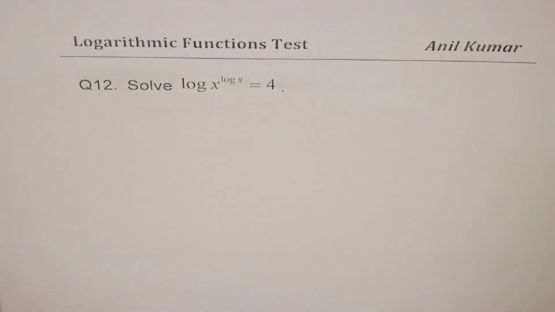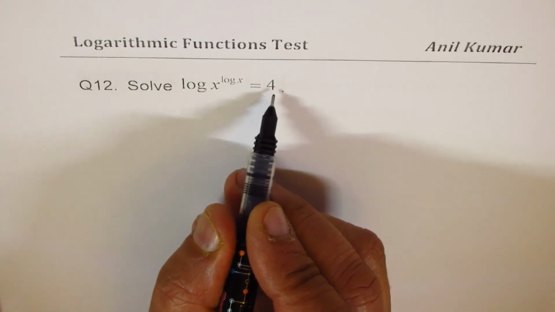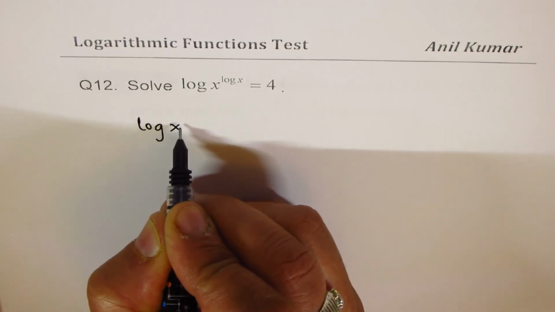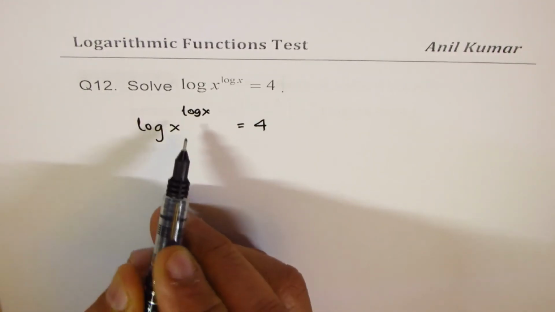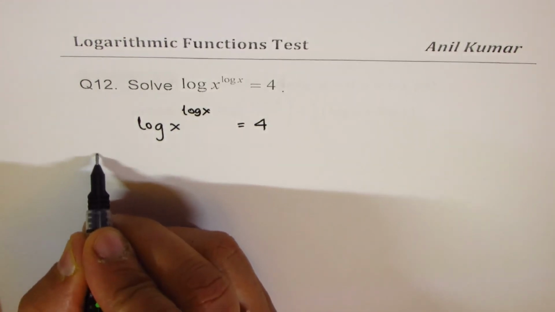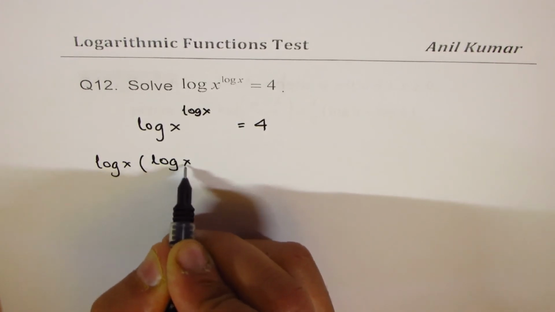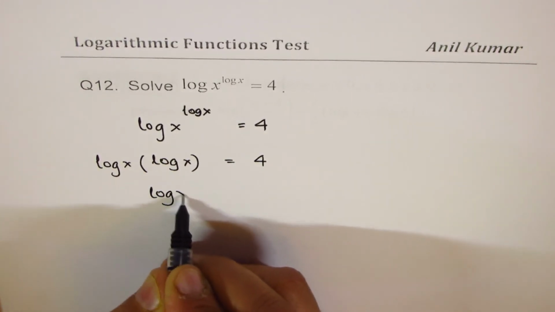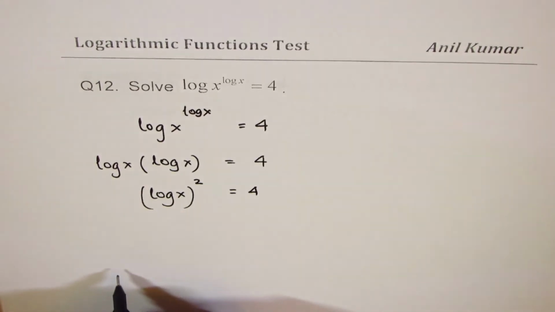Question number 12. We need to solve log x to the power of log x equals 4. Let's rewrite: log of x to the power of log of x equals 4. Applying the power rule, I could write this as log of x times log of x equals 4, which is log of x whole squared, which is 4.